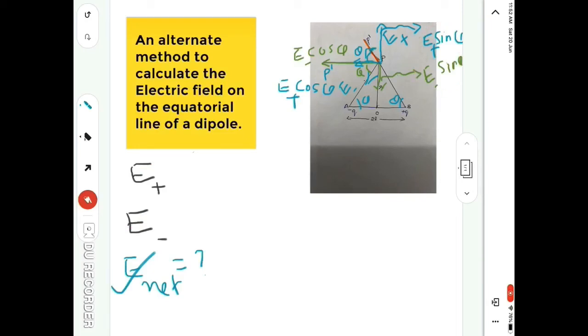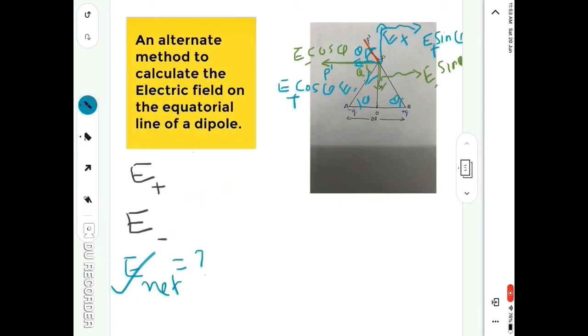So the components E plus sin theta and E minus sin theta are seen equal and opposite, so they will get cancelled. So there is nothing non-zero coming in the vertical direction. And when you speak about the horizontal direction, we have two components, say E minus cos theta and E plus cos theta. Both are collinear, and equal vectors. So between them a net will be found as a sum of both.